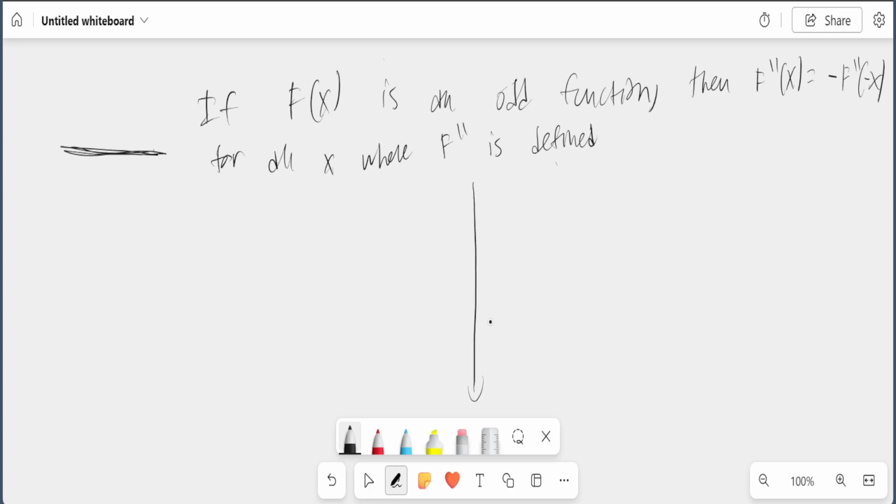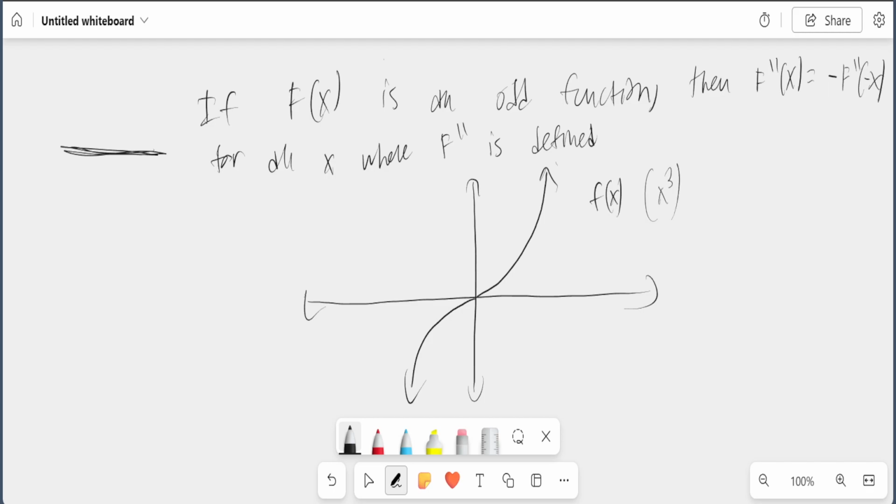I'll draw an example of an odd function here, just so you can look at it visually. Let's say this is f of x. You can think of it as x cubed.